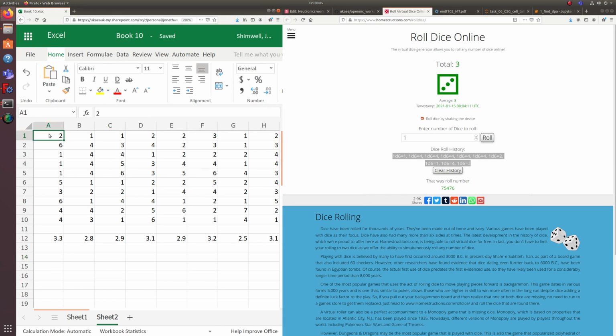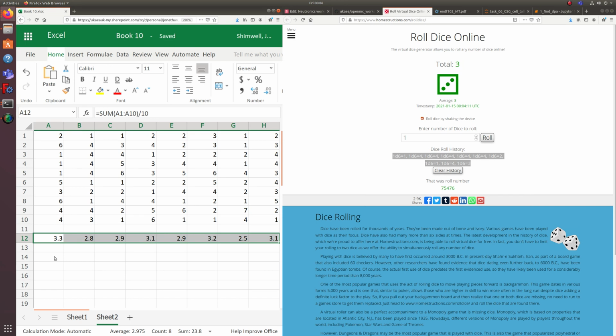So this would be particle 1 for batch 1, particle 1 for batch 2, particle 3 for batch 3, and so on. So in this case I've got 8 batches, 1, 2, 3, 4, 5, 6, 7, 8, and I've got 10 particles for each batch. And this will give me 10 different results.